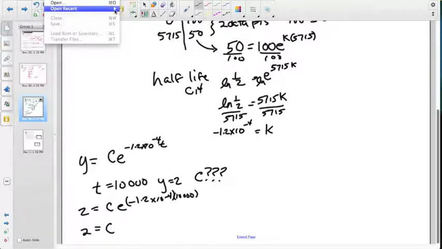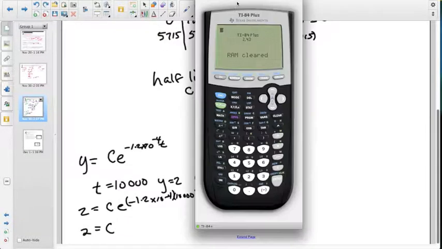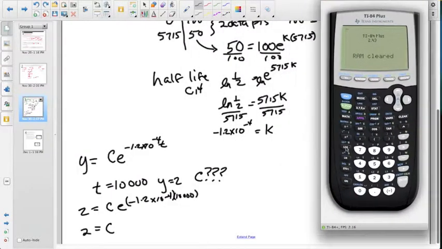So we're talking about e^(-1.2 times 10^-4 times 10,000).